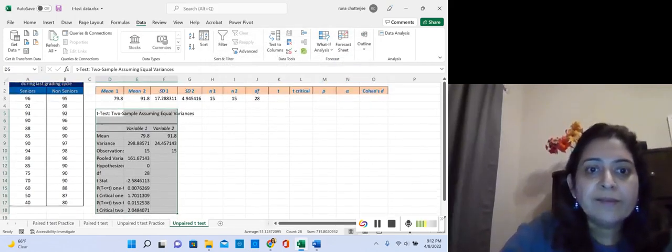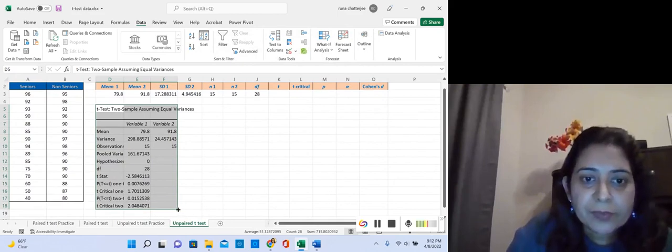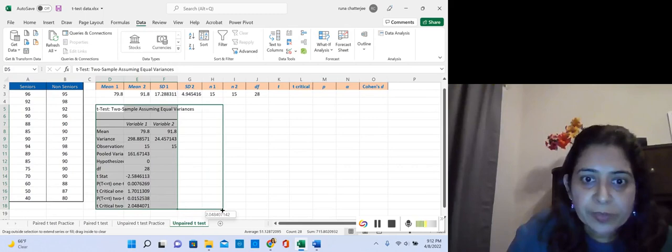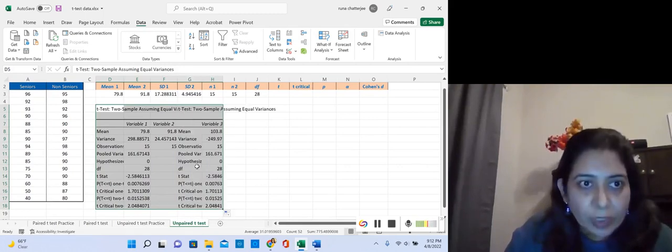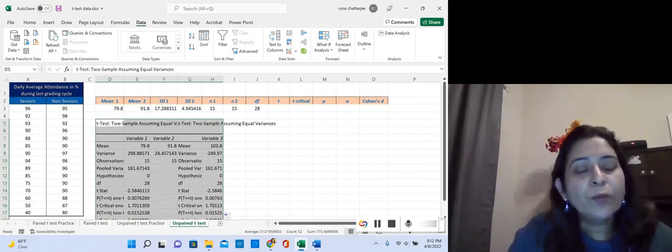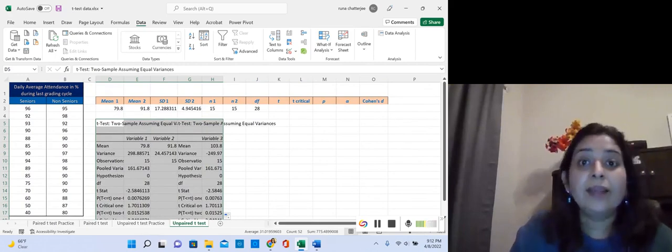Okay, so we have a couple of important values which we will try to interpret. So once again, we did not start off assuming that one grade level's attendance is going to be higher than the other.